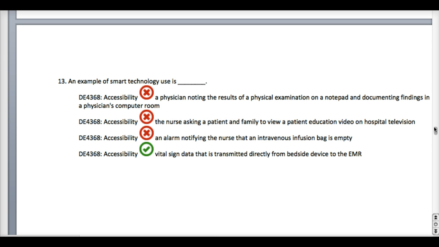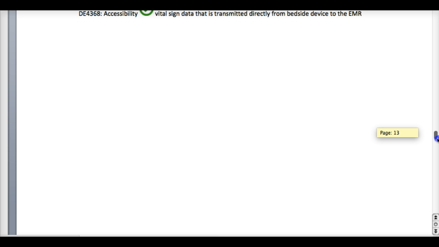That is not smart technology, that actually occurs because you will hear those variable alarms that go off. Vital sign data that's transmitted directly from the bedside. You take the vitals and it goes directly into the EHR, electronic health record. Again, that's on page 132, presentation slide number 23.